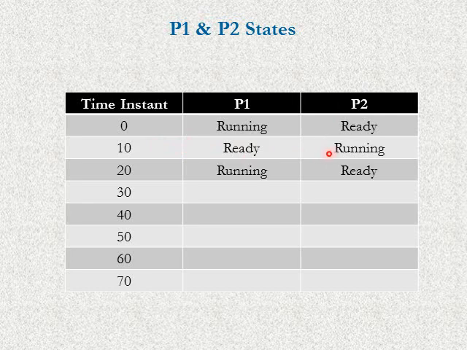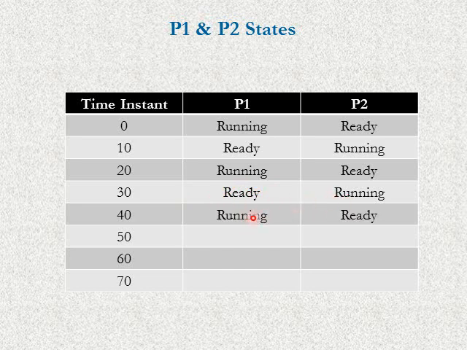From 20 to 29, P1 is again in the running state and P2 is in the ready state. So you can see that by this time P1 has elapsed 20 seconds, while P2 has elapsed only 10 seconds of its execution. Moving on, from 30 to 39, P1 is in the ready state while P2 is in the running state.